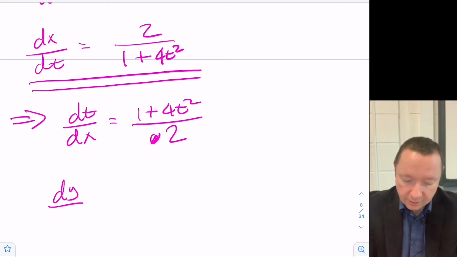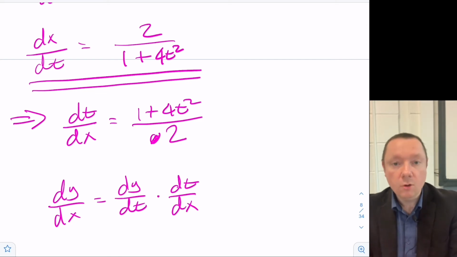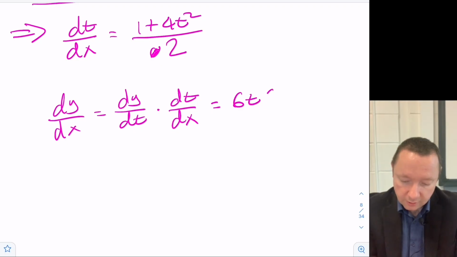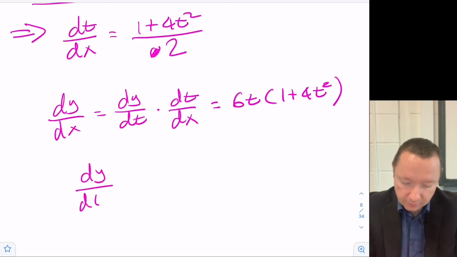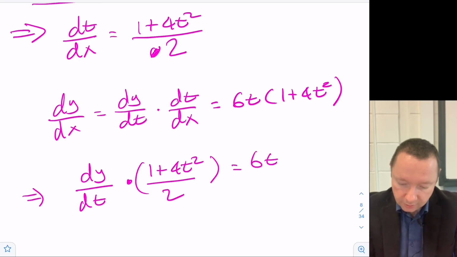So remember, dy by dx is simply dy by dt times dt by dx. But we already know what dy by dx is. It's given to us in the question. That's 6t over 1 plus 4t squared. So we've got dy by dt times 1 plus 4t squared over 2 equals 6t over 1 plus 4t squared.